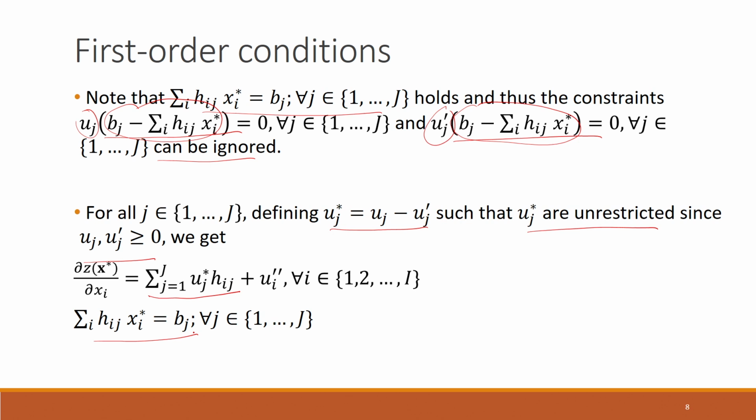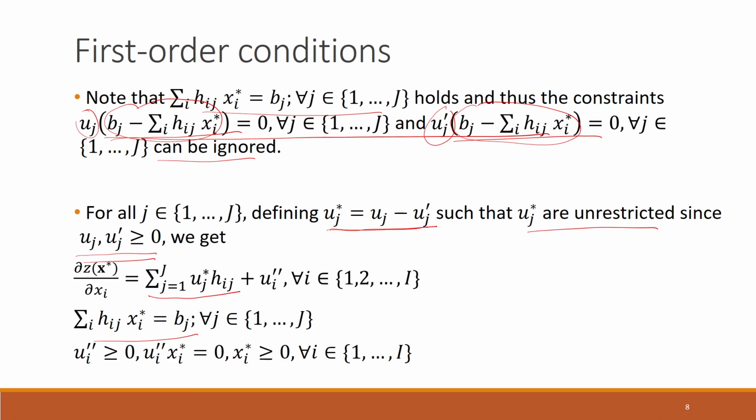So we had previously split this equality constraint into two inequality constraints, and now we have come back to this, and we have already seen that these two kinds of constraints are not required because bj minus summation hij xi star is anyway equal to 0, and since we have replaced uj and uj dash by uj star here, you do not require these conditions also, that uj greater than equal to 0, uj dash greater than equal to 0. And this last set of conditions is the same as before, that is ui double dash greater than equal to 0 and so on.